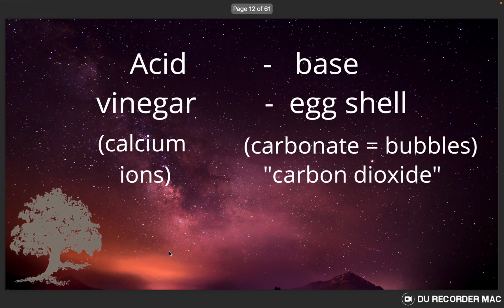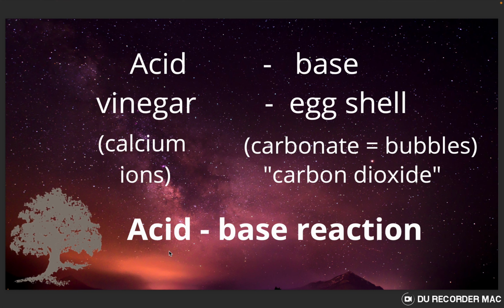And then it has carbon dioxide, which we see as bubbles. And that's what you call, again, what? Acid-base reaction. Yes, nice.